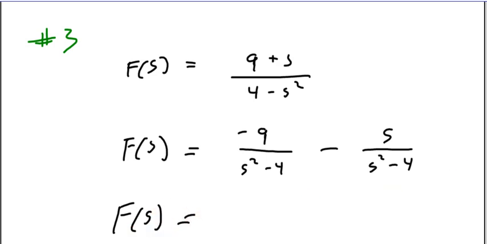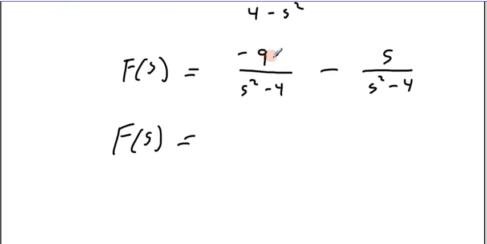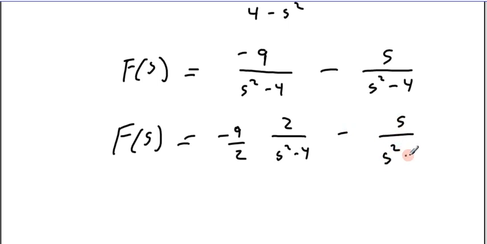So we're going to go like that, and we say, well, this guy needs a 2 on top. So I'm going to write minus 9 over 2, 2 over s squared minus 4. And then this guy's just going to be s over s squared minus 4. And we do an inverse Laplace transform.